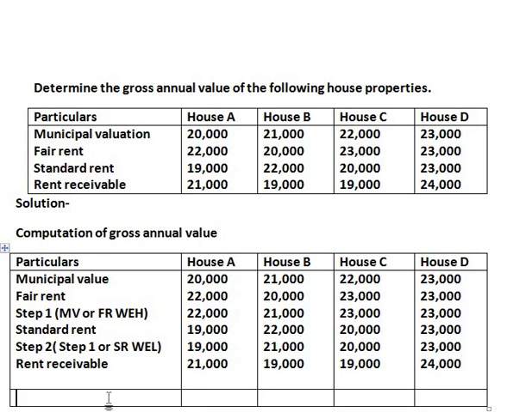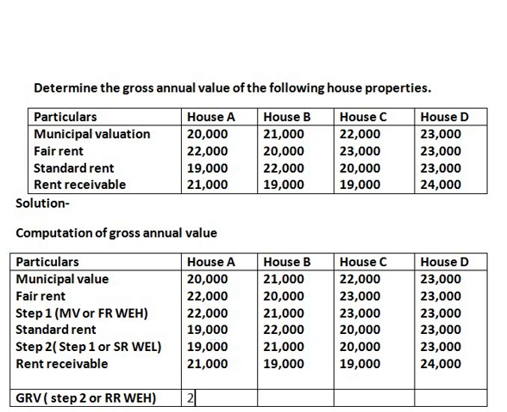Now our step 3 or gross annual value is the answer of step 2 or rent receivable, whichever is higher. So our gross annual value is step 2 answer or rent receivable, whichever is higher. So what is the highest amount, 19 or 21?